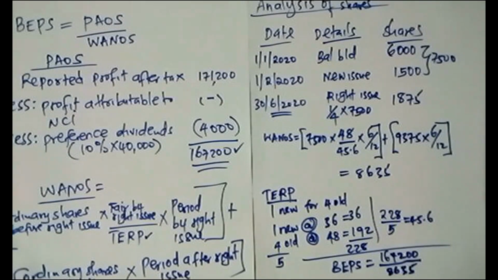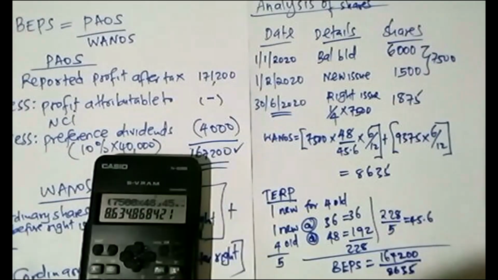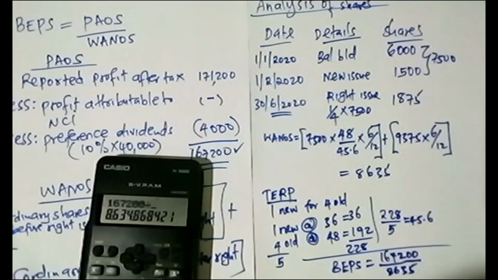If I do that, 167,200 divided by the answer, I'm getting 19.36. So I would say shillings 19.36 per share.